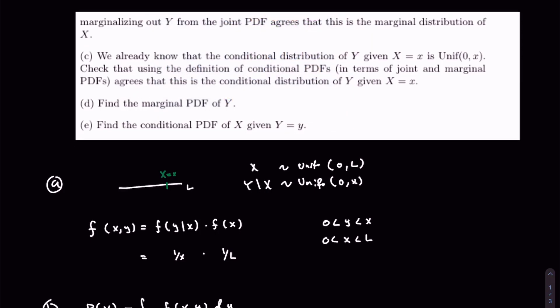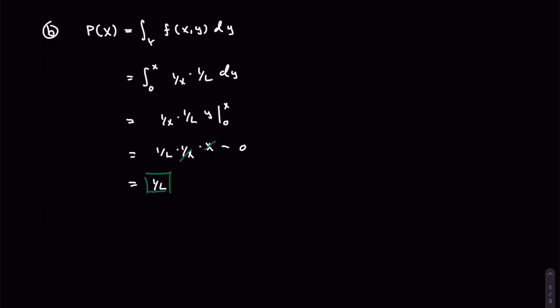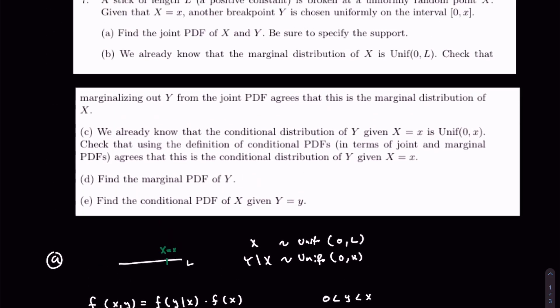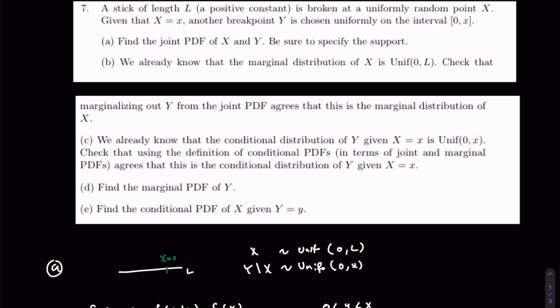And the marginal of y is a little trickier because it's sort of going in the other direction. In this process, we have a length, say L, then we choose X, and then after that we sample Y. But here we are asked to find the marginal of Y basically starting at the end point of this process.